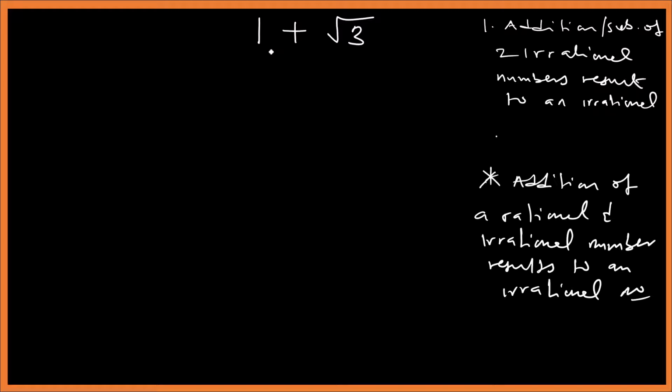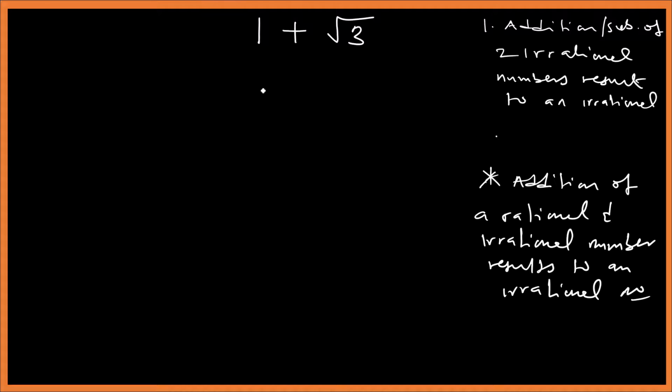So since we know that 1 is a rational, we'll pick the root 3 and do the proof. Once we finish, we just use this condition to conclude that 1 plus root 3 is an irrational.